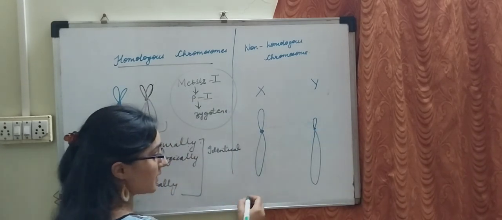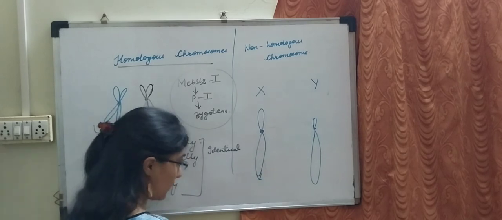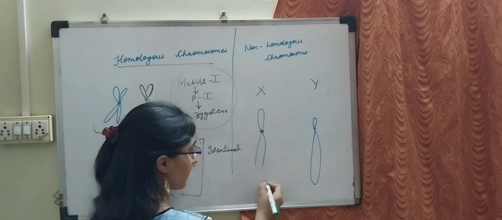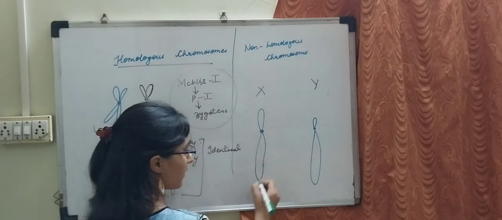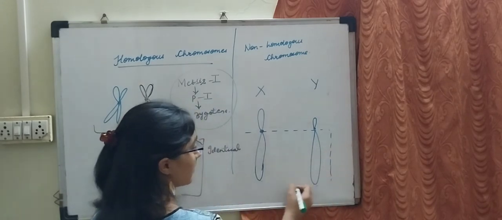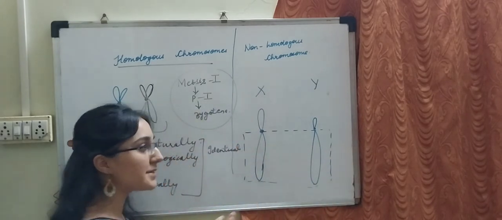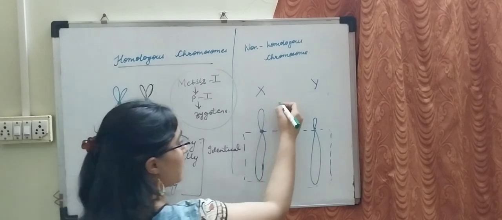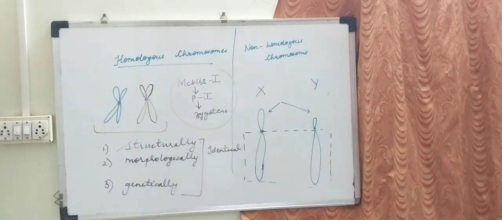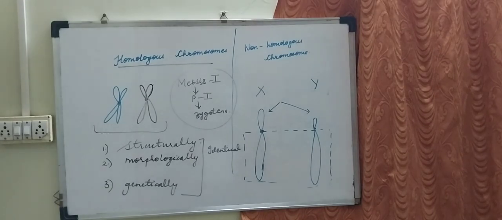If you can see, this much part of both the chromosomes is the same, but the upper part is not the same.